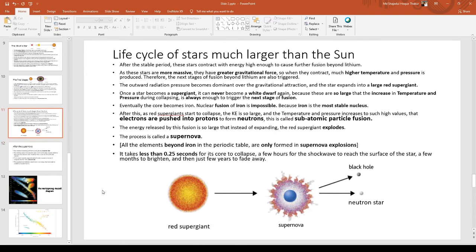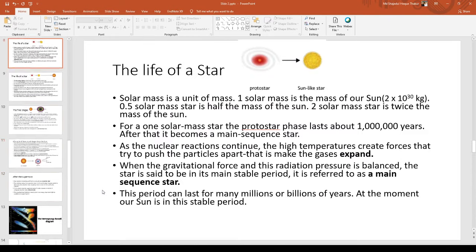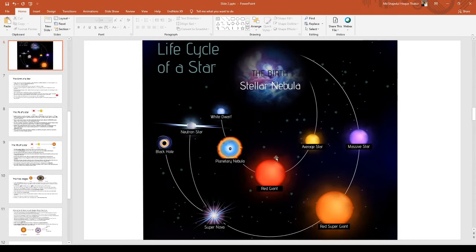And one thing about red supergiants is they are not formed from average stars, right? For example, the average star, the sun. If you remember this diagram, the sun will never become a red supergiant and there will never be a supernova.